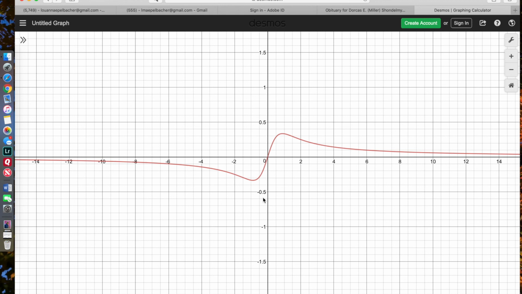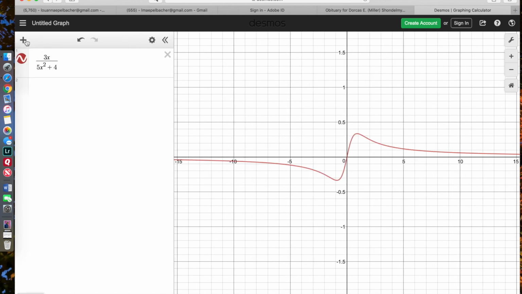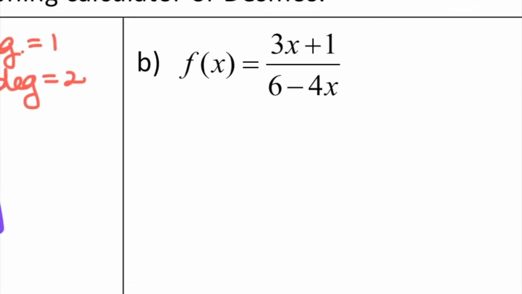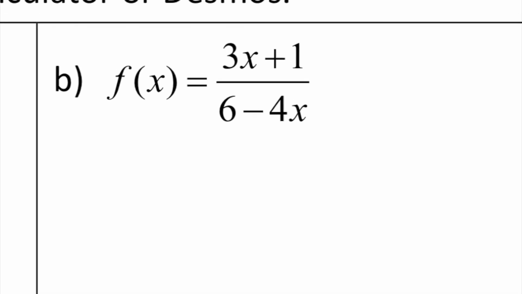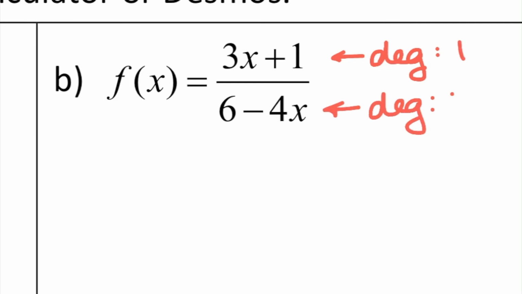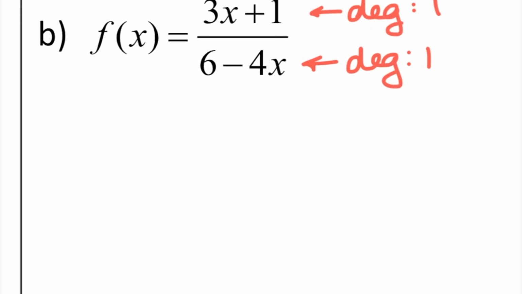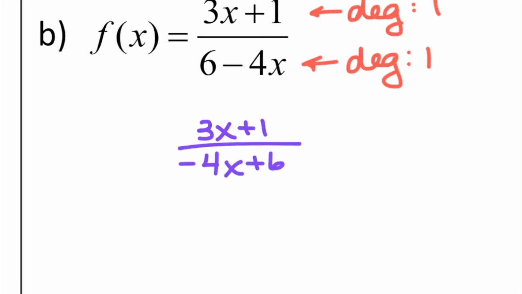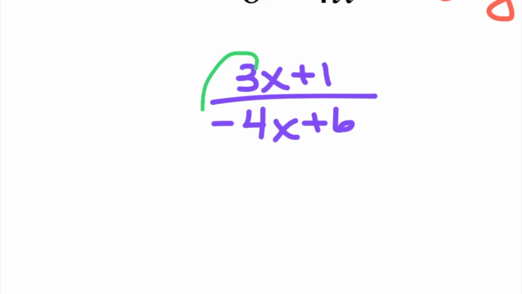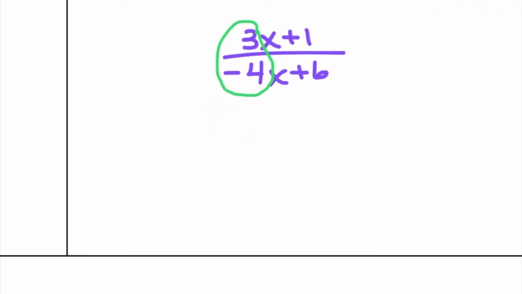So here your horizontal asymptote is equal to 0 for part A. If the degree of the numerator and the degree of the denominator are the same, so here the degree of the numerator is 1, here the degree of the denominator is also 1, you have to write the numerator and denominator in standard form, and then your horizontal asymptote is the ratio or the fraction that's made by the two leading coefficients.